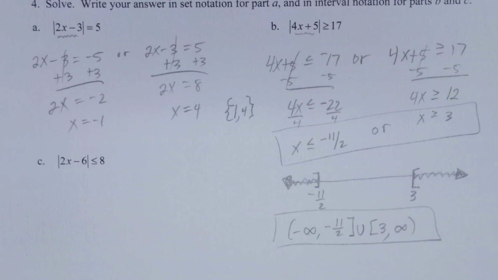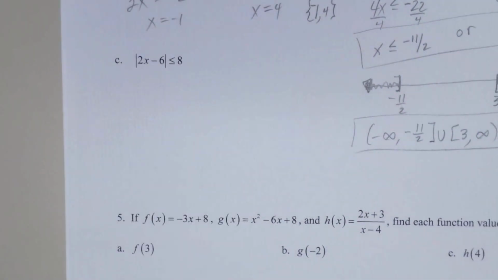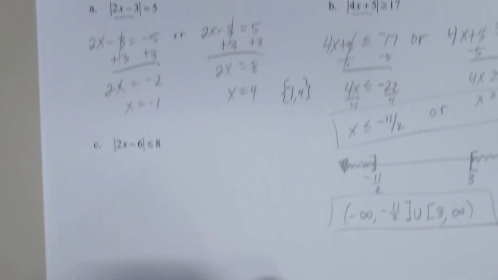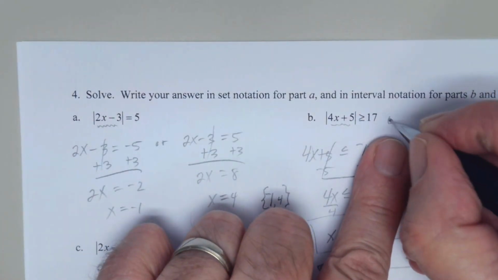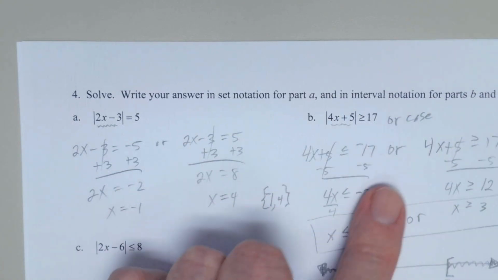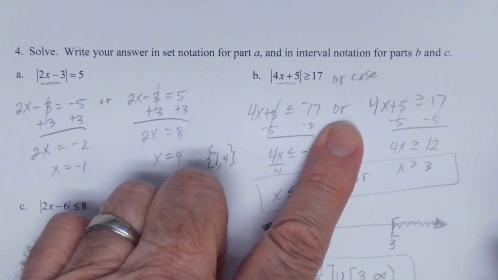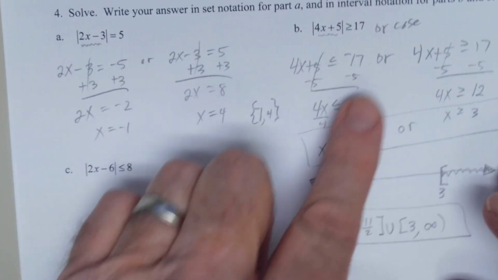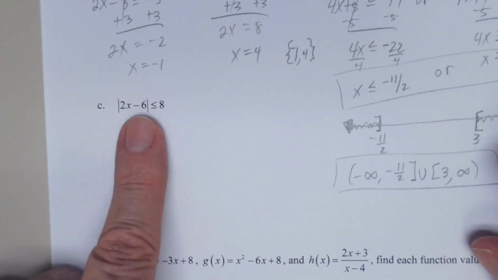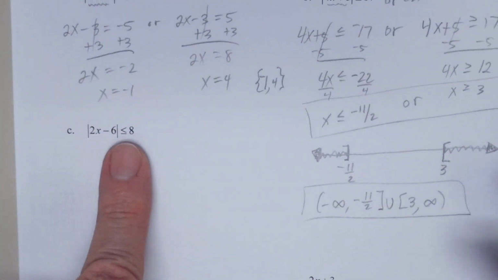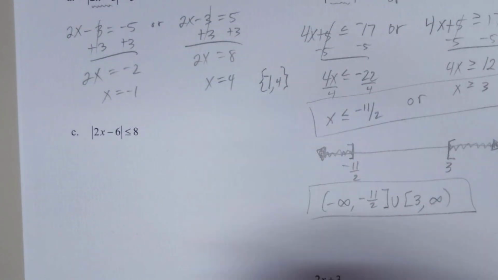All right, let's say I should do this one last one real quick. So I sometimes call this the OR case, because notice we ended up writing an OR statement for our first step. And this is the AND case. So when you have less than or equal or less than, you're going to have the AND case.